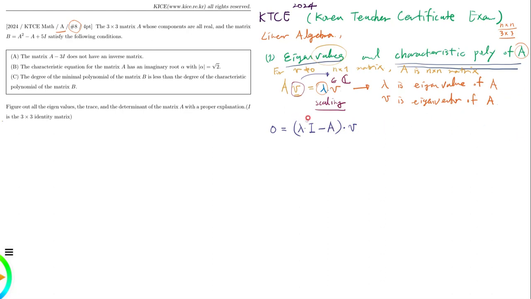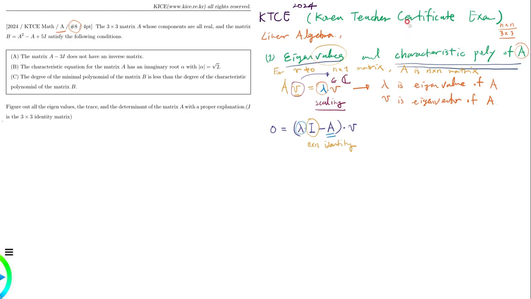As you can see, to make each term a matrix, I multiplied by the n by n identity matrix. Otherwise, lambda is just a constant and capital A is an n by n matrix.